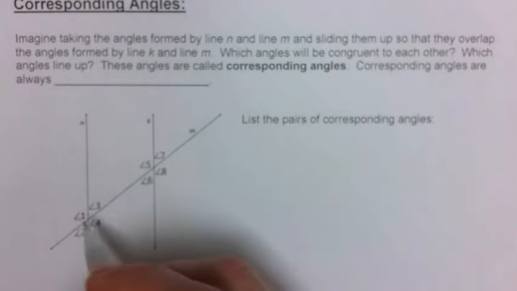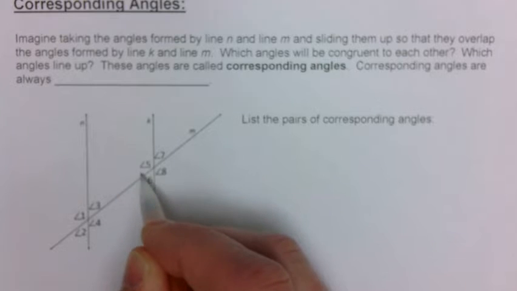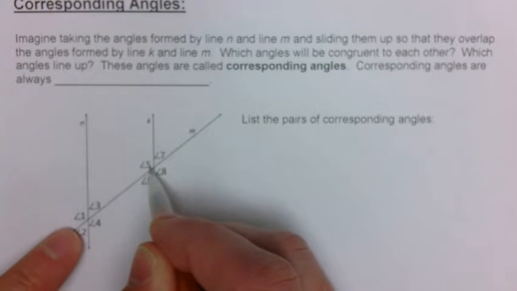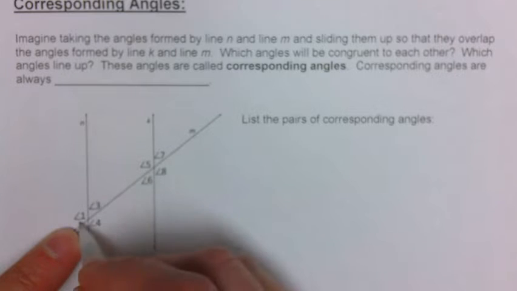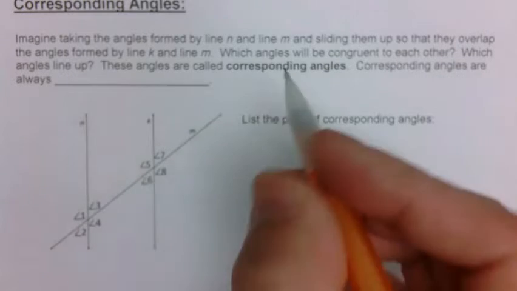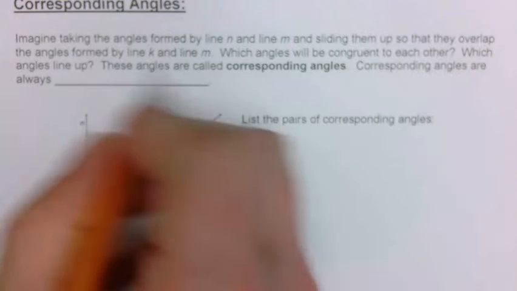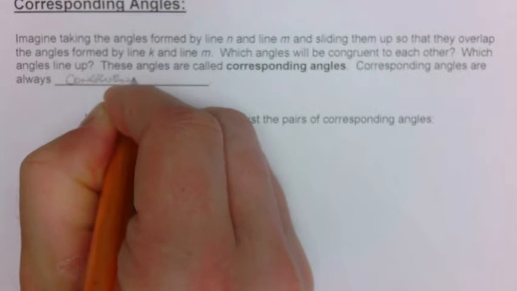So if I take angle 1 and I slide it up to this vertex point, that's going to land on top of angle 5. And if you notice, those angles are actually going to be congruent to each other. They have the same measurement. So corresponding angles are always congruent to each other.